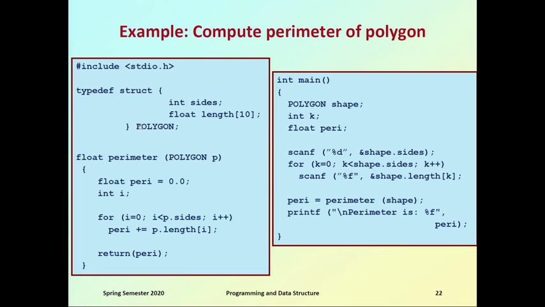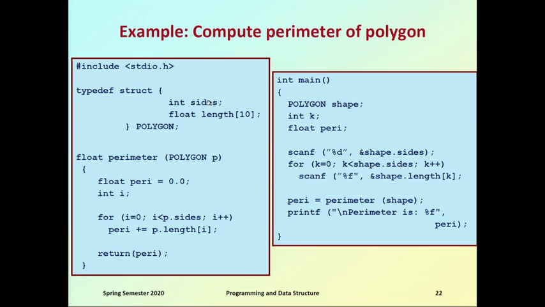That means it again has two member variables. One is sides of type integer, and one is length, which is an array. That means my polygon can have 10 lengths, because it is float length[10].